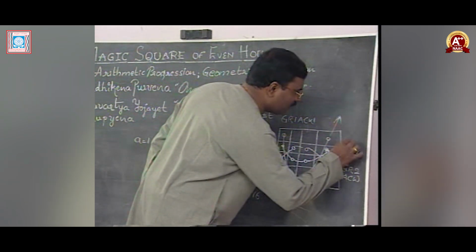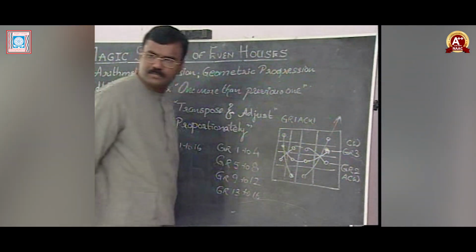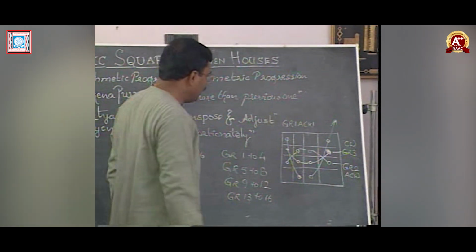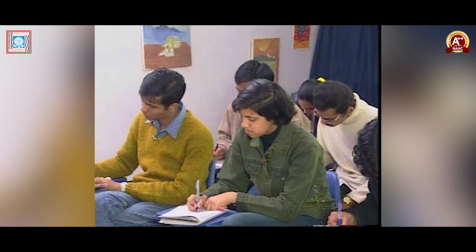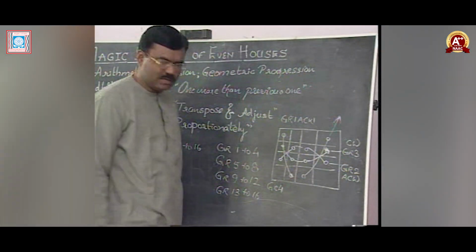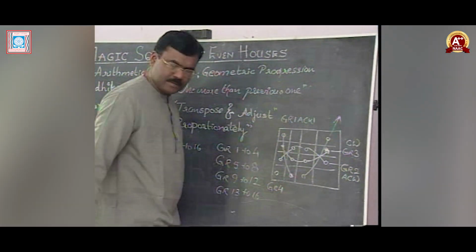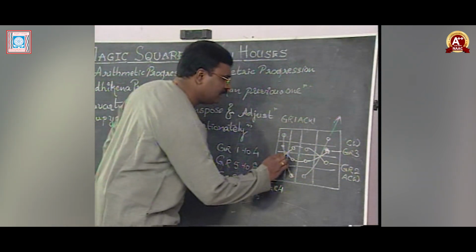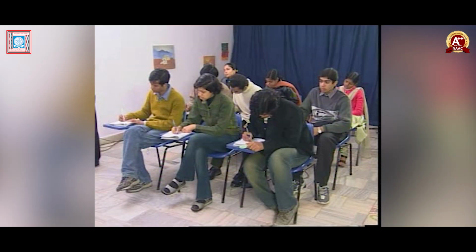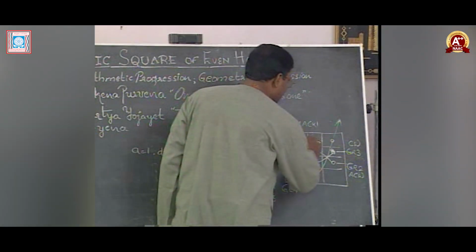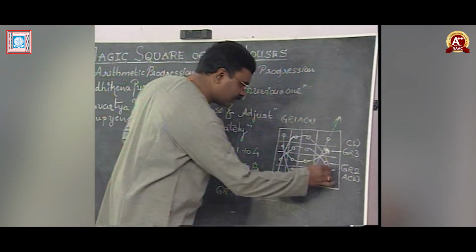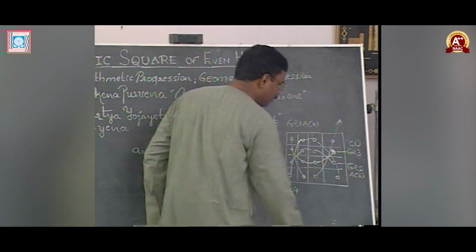Group 3 in the clockwise direction. Group 4 also moves in the clockwise direction only, starting with the fourth row, first column. It will move to the first row, second column. Then the first row, third column. Then the fourth row, fourth column.